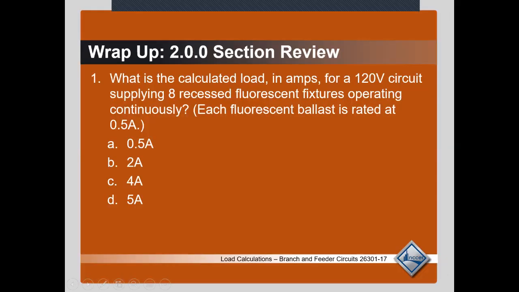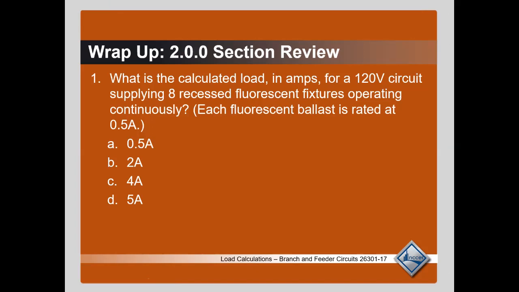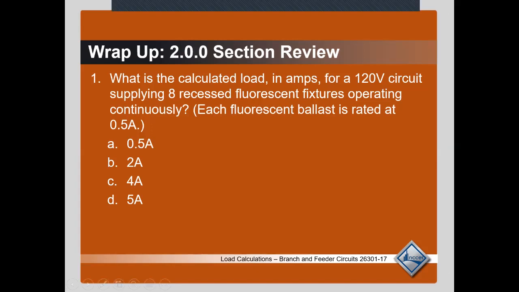All right, so what is the calculated load in amps for a 120 volt circuit supplying 8 recessed fluorescent fixtures operating continuously? Each fluorescent ballast is rated at 0.5 amps. All right, so we're going to say it's 5 amps, and this is why.